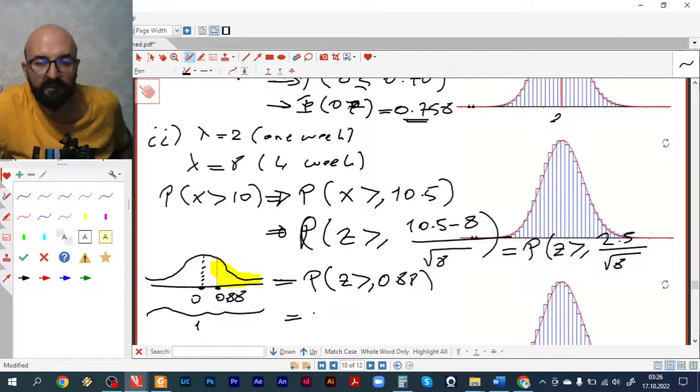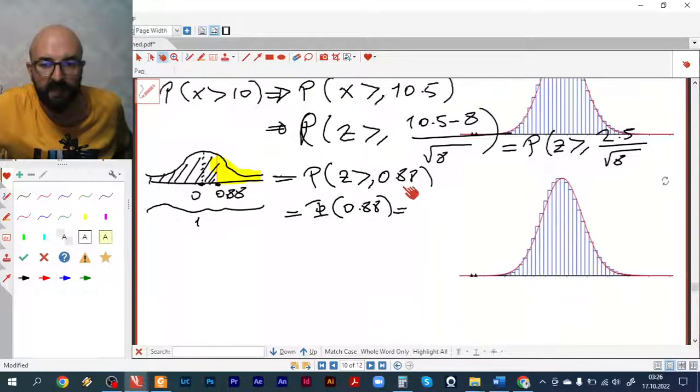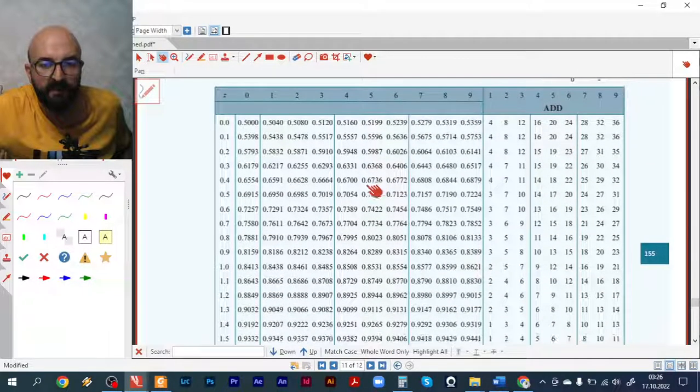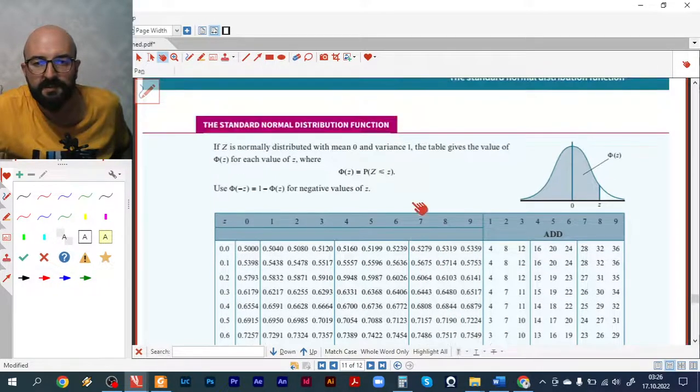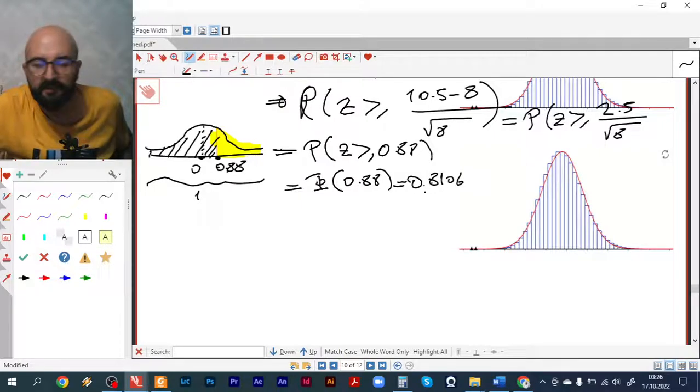If I look at the z table for the 0.88 value, I will find the big area, 0.8106.